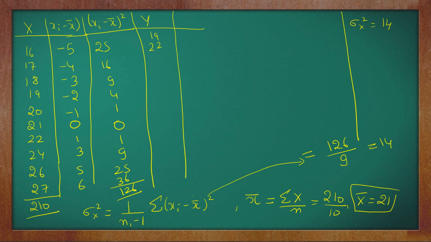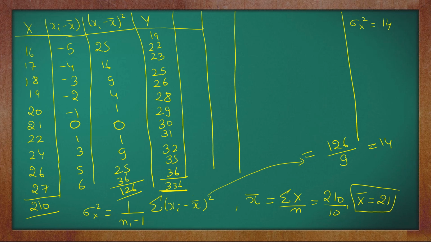19, 22, 23, 25, 26, 28, 29, 30, 31, 32, 35, 36. Total is 336. Okay. Calculate y bar similarly with me. Continuing over here to make it easier.